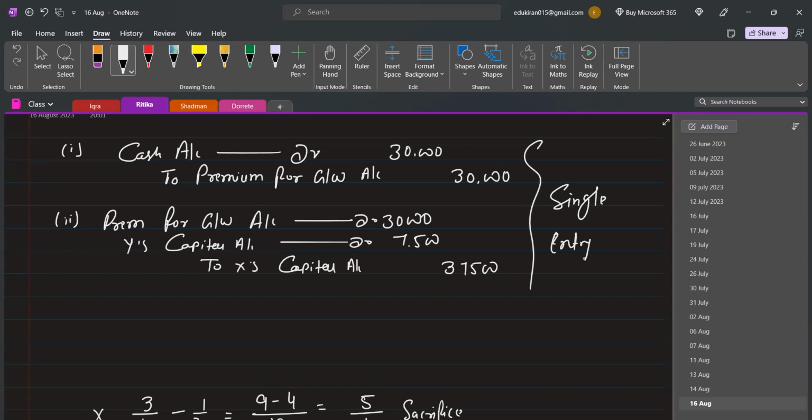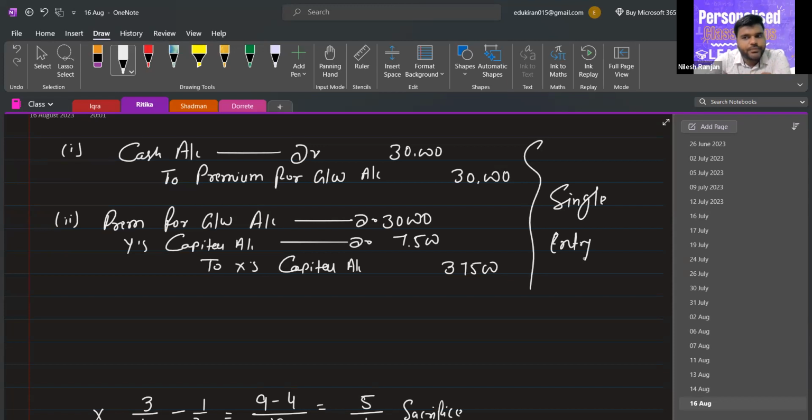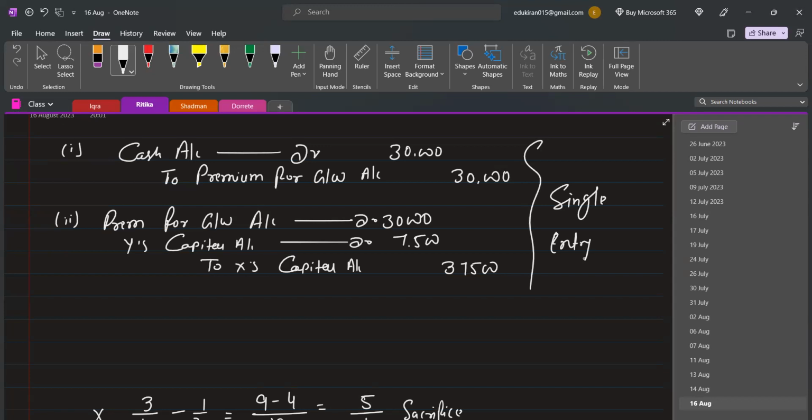Okay. Do you remember how to combine the entry? I told you about this in fundamentals of partnership. I don't remember. You don't remember? No, sir.